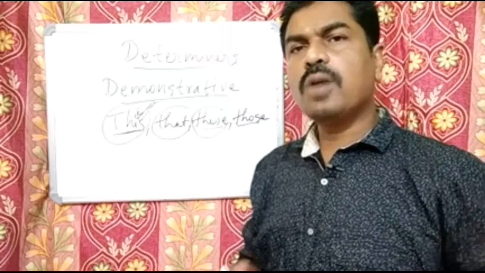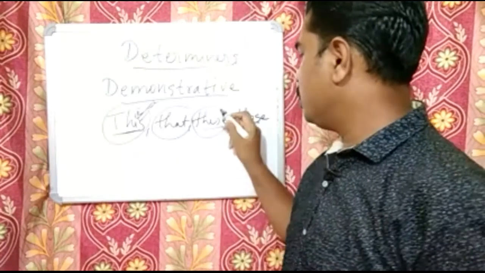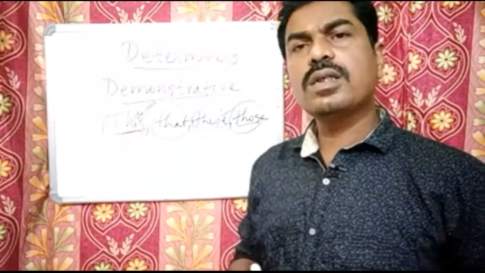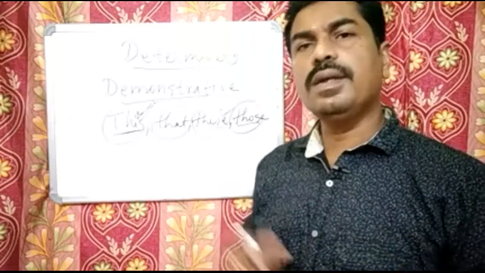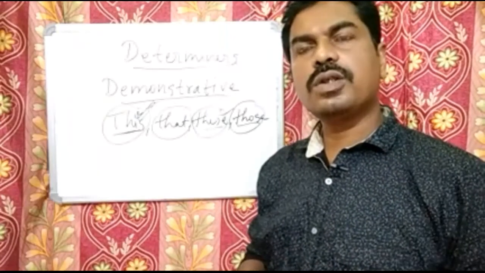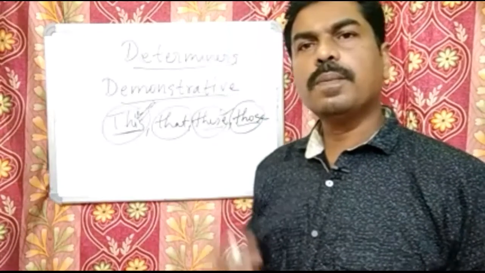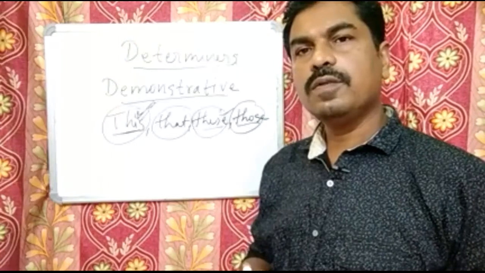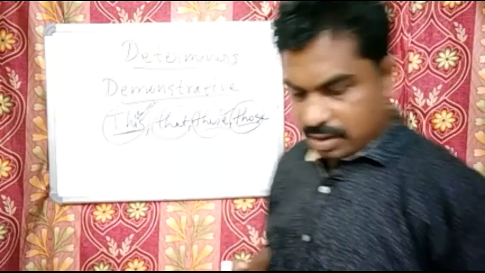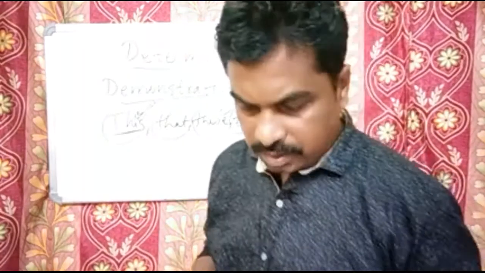Bring me these clothes. And those: the things are at a distance and plural in number. So bring me those books. Bring me those pencils. Bring me those boxes. We can say like that. So I hope the use of demonstrative determiners is clear to you.